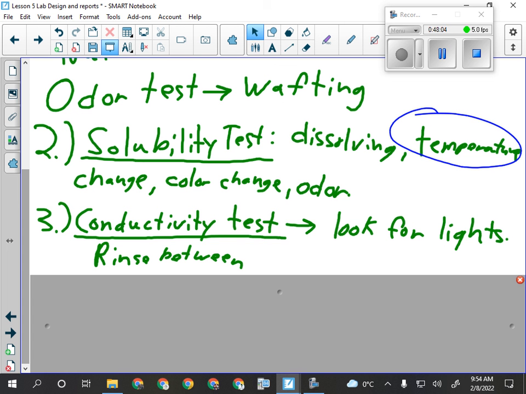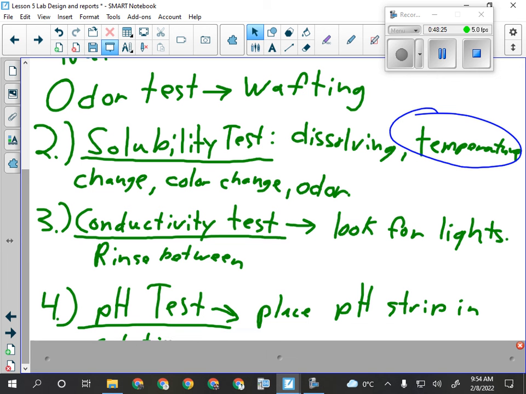The reason I do this last, once I stick a piece of pH paper in the solution, I chemically change it. This is a chemical reaction that happens here. Changing the color of the pH paper is a chemical reaction, and I no longer have a pure sample of the original material. I can't do any more tests after the pH test. So the pH test is pretty simple.